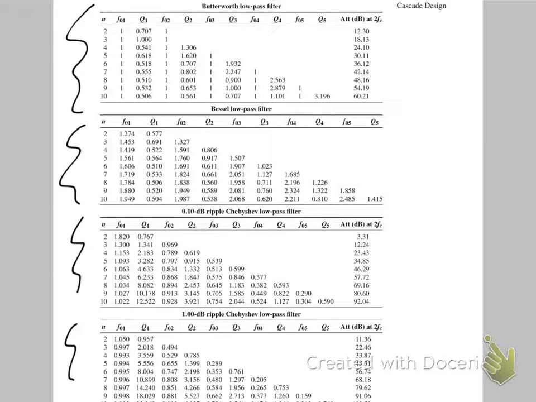Alright, so there's Chebychev, there's Butterworth, there's elliptical, and there's Bessel, 4 types. So there are 4 different types of amplifiers.